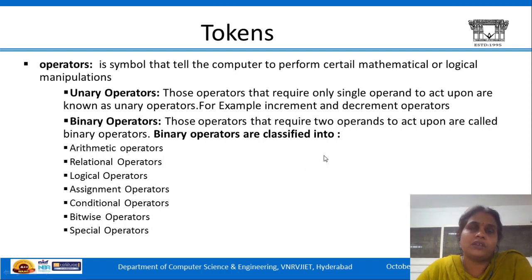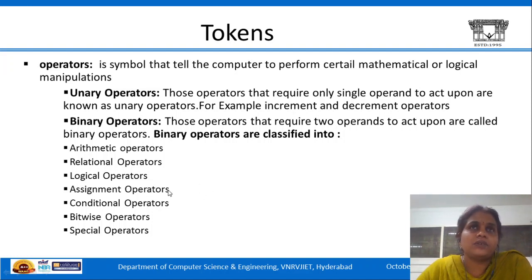Union is the OR operator. If any one of the conditions is true, then you can do something. The logical operators can perform some logical operations, and we'll see all these in detail.